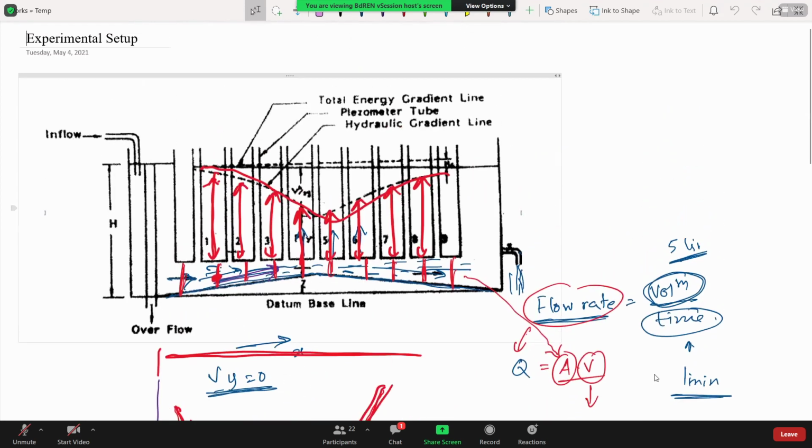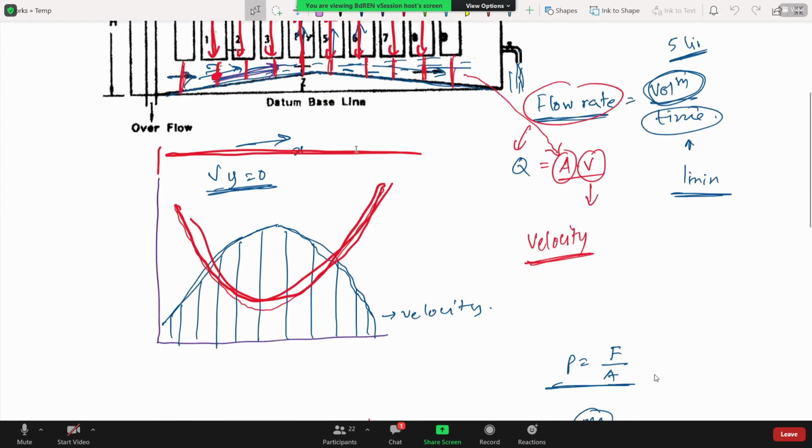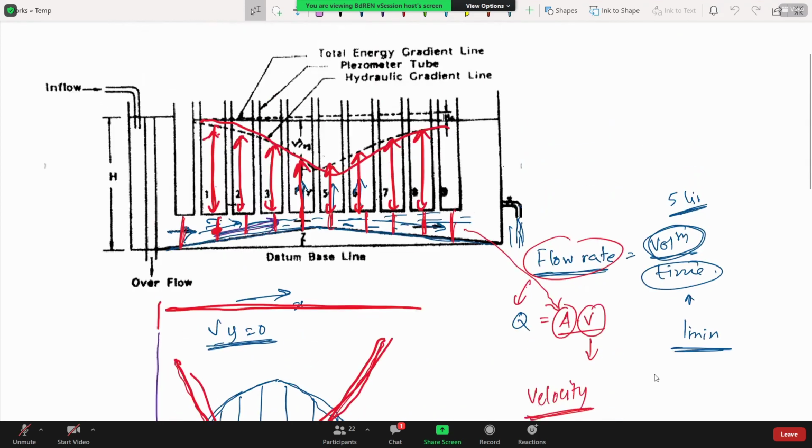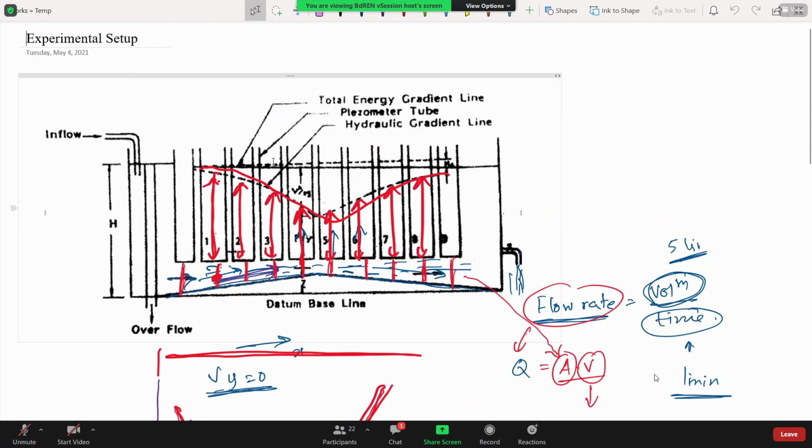So what is the name of this line? Energy gradient line. Yeah. So if you connect this line, you will be getting something like this, the energy gradient line. You'll be getting something like this, right?